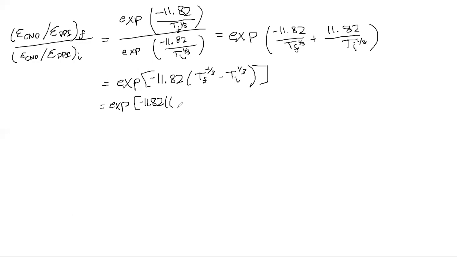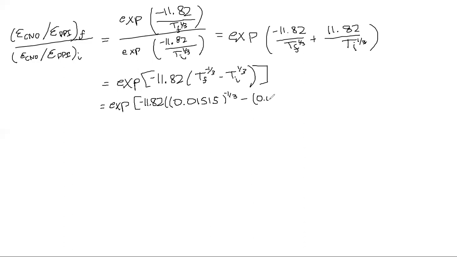Expressed in T9, that would be 0.015. If we want the final temperature, we increase it by 1%, then that's going to be 15.15 million Kelvin, or expressed in T9, 0.01515, and that's just a dimensionless number.